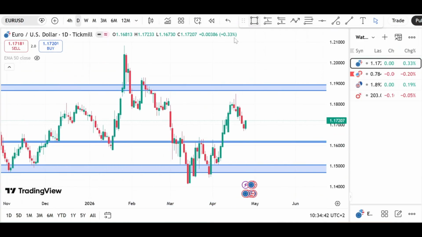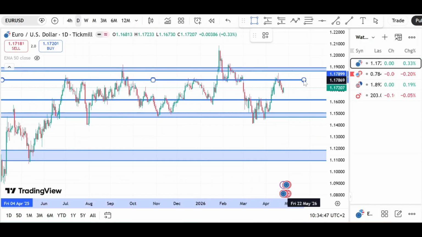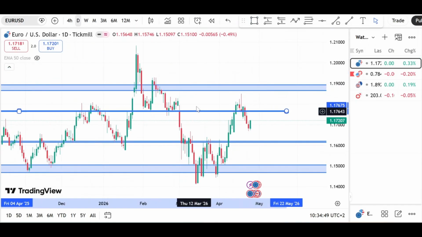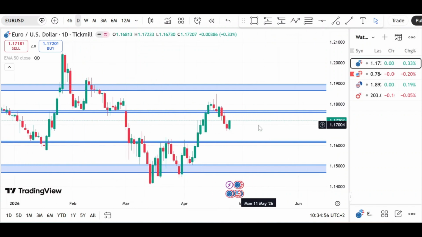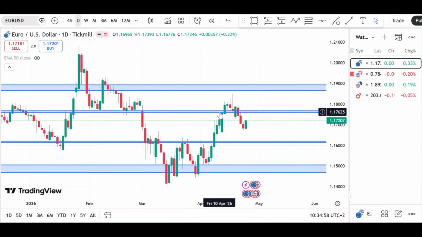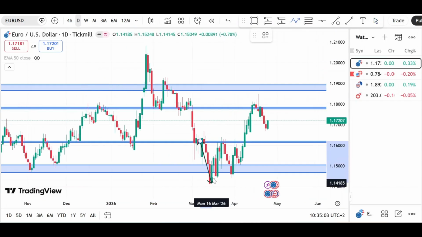Initially we have been in a range or a consolidation, I mean a double bottom here, but the price managed to break the structure to create a higher high.